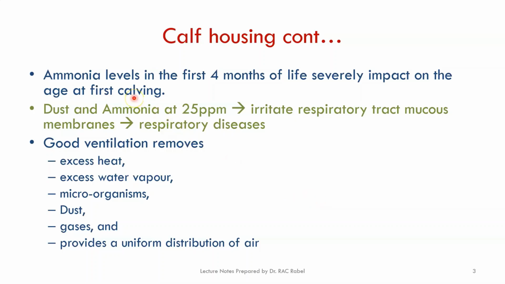It has been shown that ammonia levels in the first 4 months can be critical, and not just the short-term effects of pneumonia, etc., but it can impact the long-term effects like age at first calving, right? That is another reason why you need to make sure that your calf pens are clean and ammonia levels stay minimized.